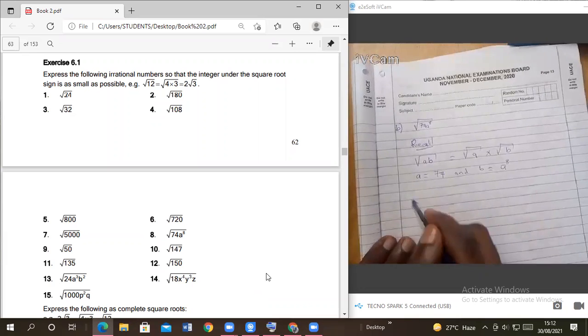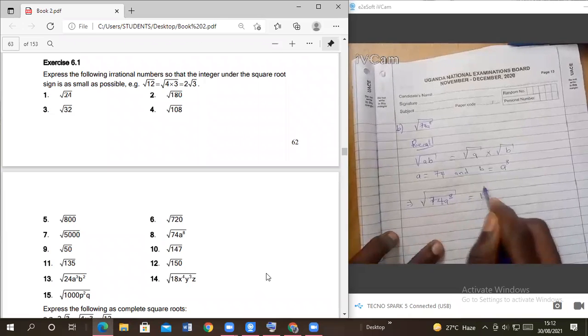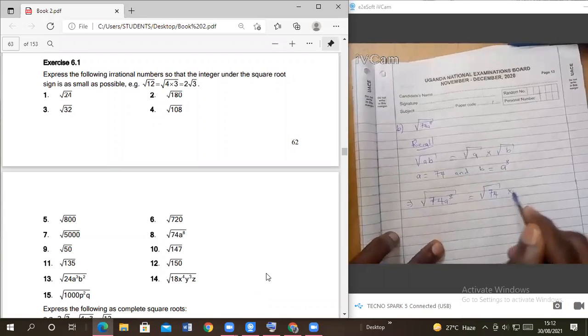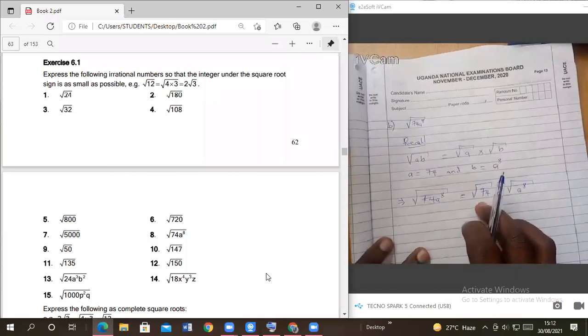So root of 74a to the power 8 is going to be equal to root of 74 times root of a to the power 8.